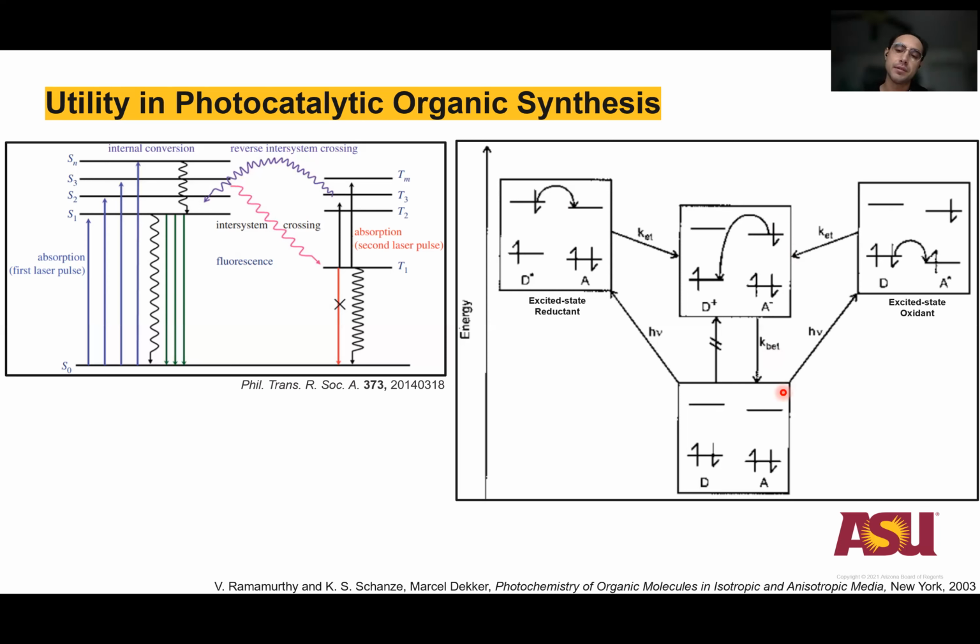And then correspondingly, if your photocatalyst is acting as the acceptor in its excited state, then it's acting as an excited state oxidant, where again you end up forming either a radical cation radical anion pair, or a cation anion pair, etc.